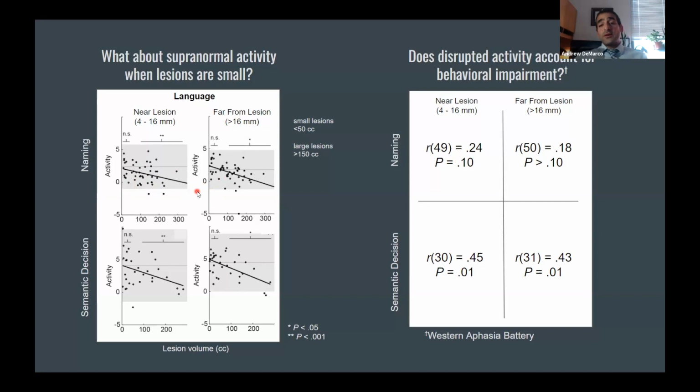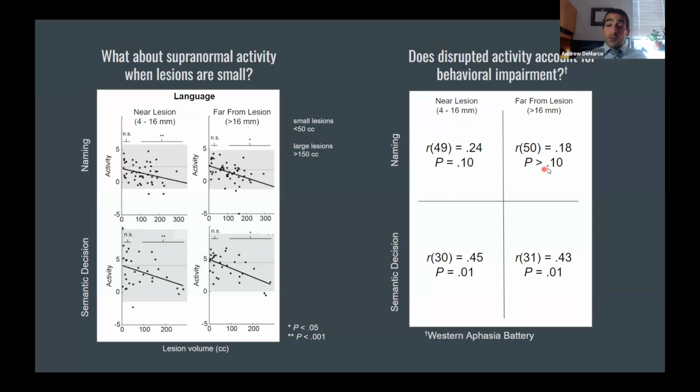Now, thinking about whether the amount of activity that we're seeing independently relates to behavior. In this case, we're correlating the amount of activity in each patient with their aphasia quotient. Here we're looking at the naming task results near the lesion, and there's no relationship in that task with behavior independent of lesion size.